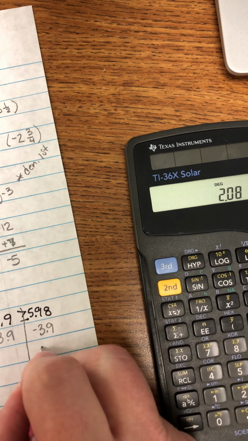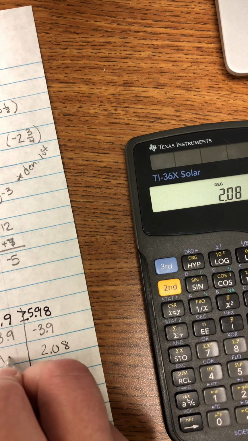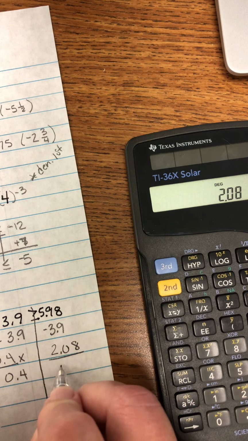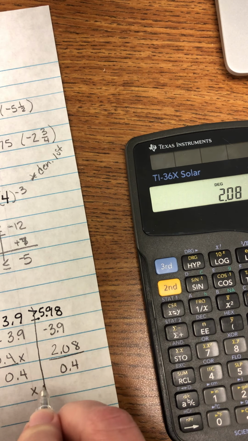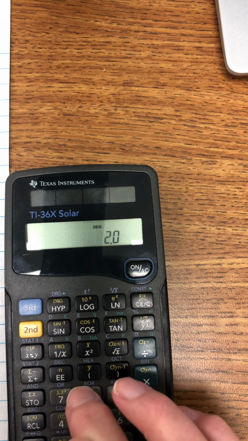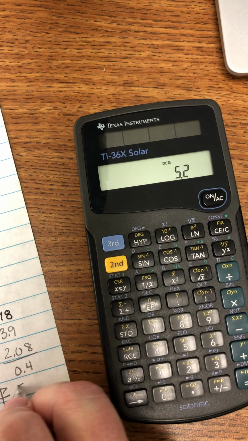Okay, so that's going to be 2.08, 0.4x. Now we're going to divide both sides by 4/10. And the answer is 5 2/10.